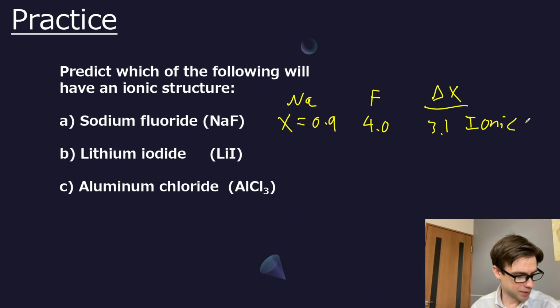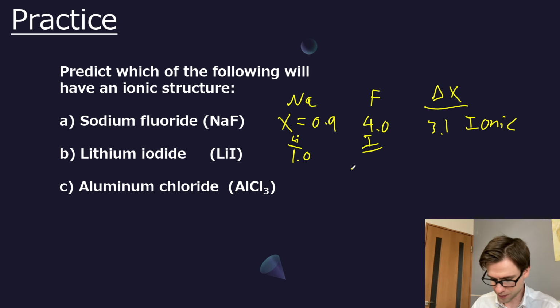Lithium iodide, what can we say about that? Its electronegativity is 1.0, very similar to sodium. Then we've got iodine, electronegativity 2.7.